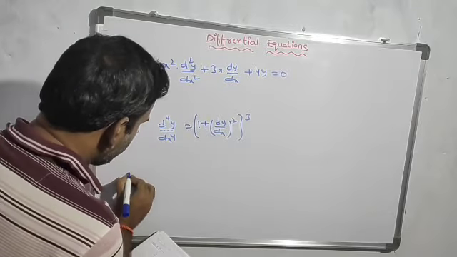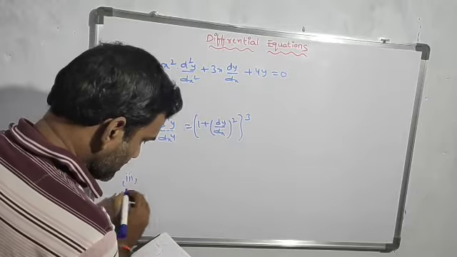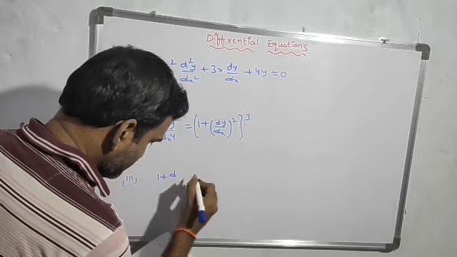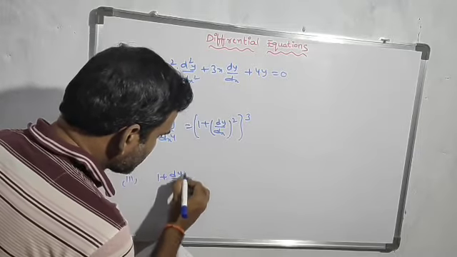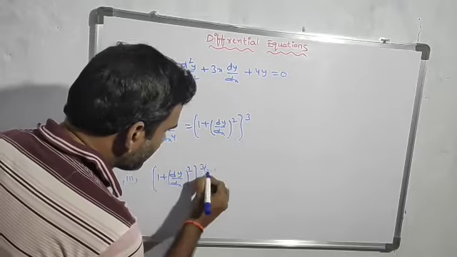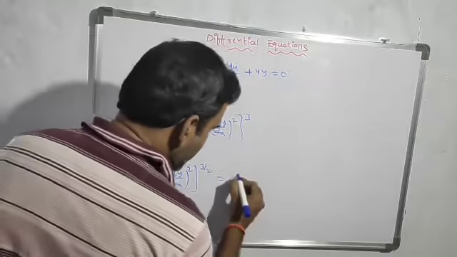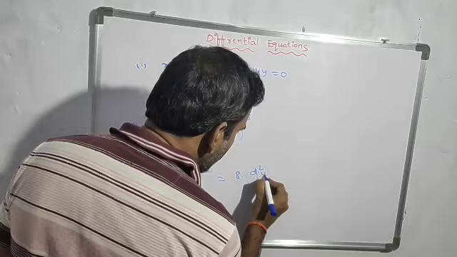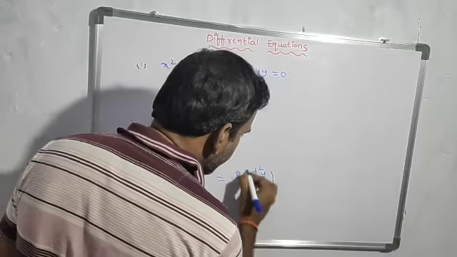Next, third one, 1 plus dy by dx whole square, whole to the power of 3 by 2, equal to 8 into d square y by dx square.